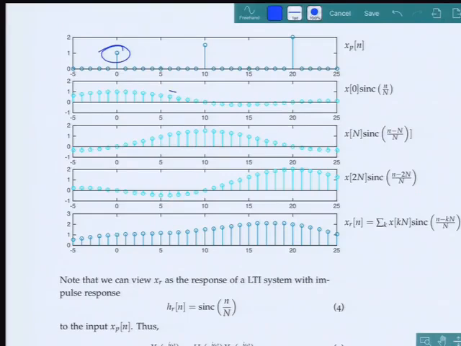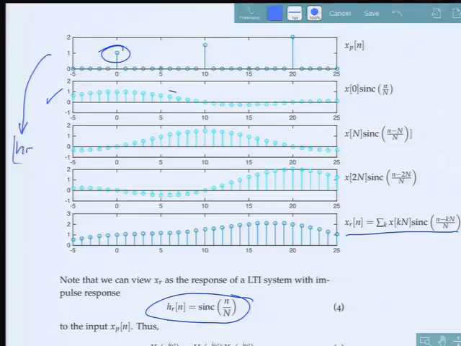If I give this delta, it gives me this one. So that's the impulse response of the LTI system, which is sinc(n/N). The sinc interpolation we're doing here is really the output of an LTI system with this h_r applied to this input, xp. You agree with that?